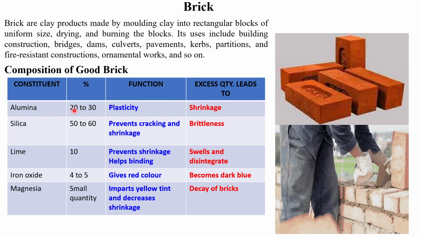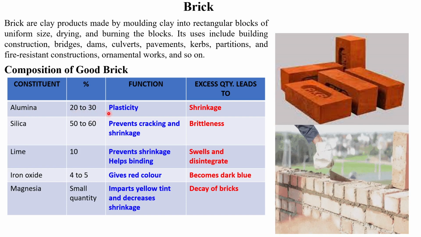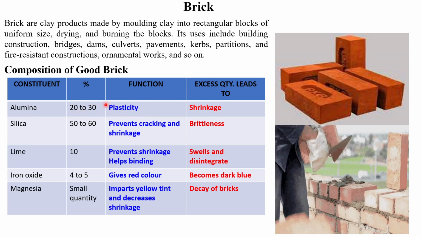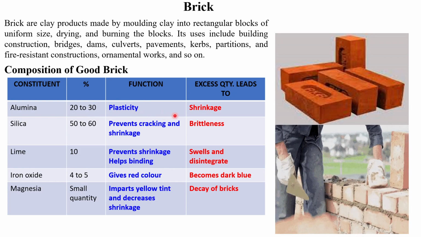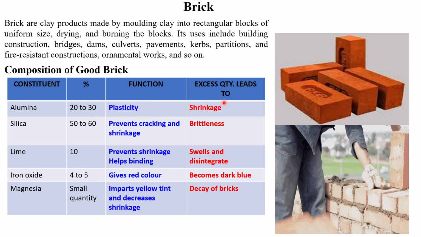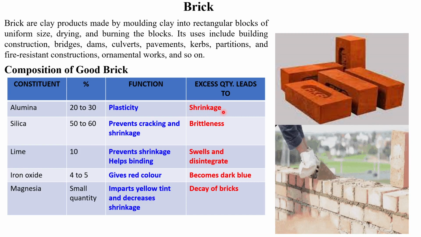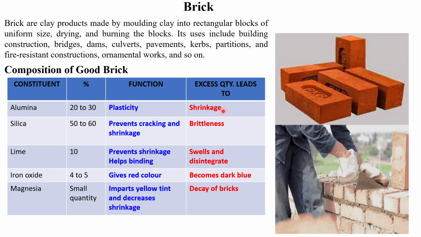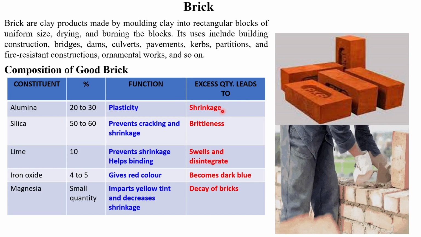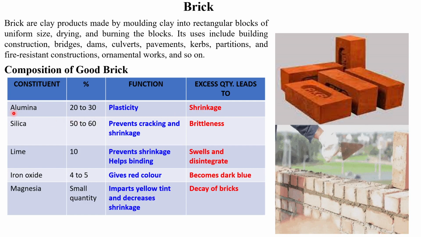It gives the plasticity to the brick at the time of molding. But excess quantity of alumina will cause shrinkage of the brick. Shrinkage means after drying, the size and shape might be changed or compressed. So this is the property of alumina or clay.